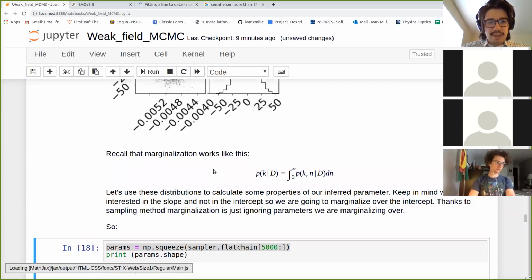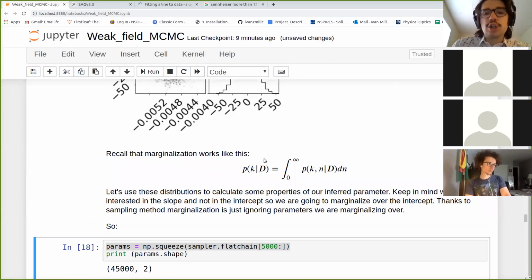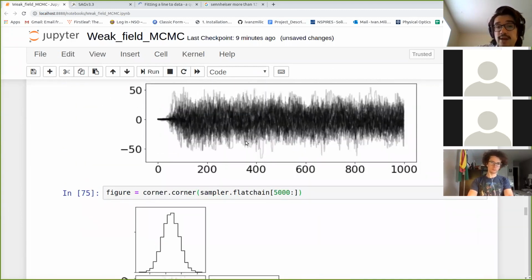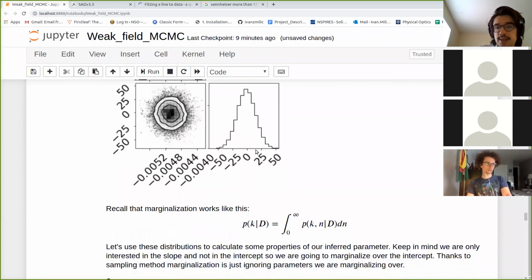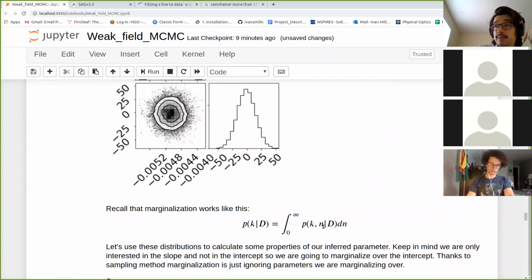Remember that in principle we wanted to know the slope, because we wanted to know the magnetic field. We wanted the slope given the data. So this left-hand side is the posterior distribution of the slopes given the data. But we are fitting with a linear function, which has two parameters, and we want to marginalize over the parameter n.